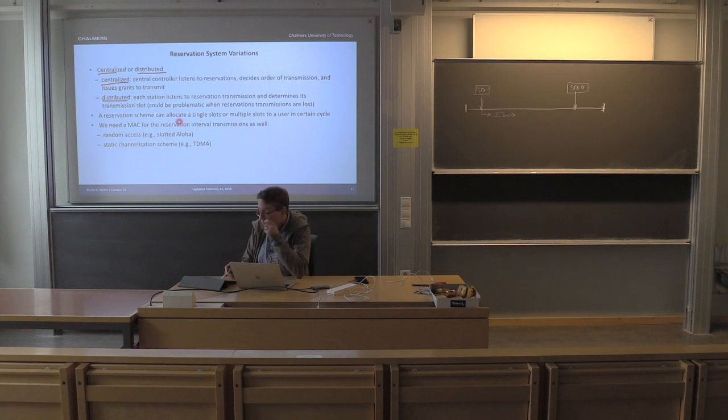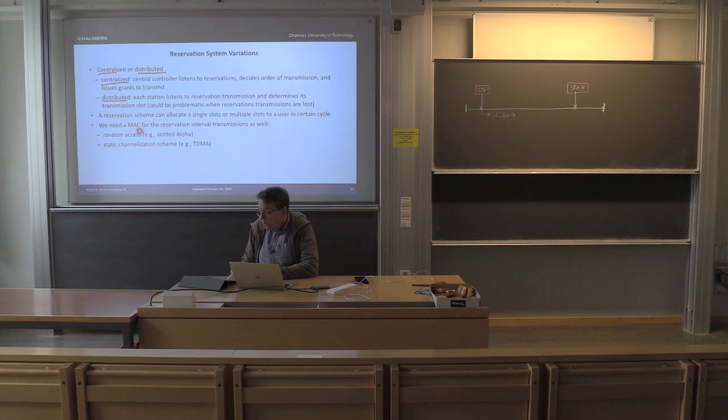A reservation scheme can also allocate a single slot or multiple slots for a user in a certain cycle, so you can get a different amount of time on the channel, essentially. This is done in LTE, in 4G, for instance, and 5G also. Same thing: when you get access to the channel, you can have that for a varying amount of time.